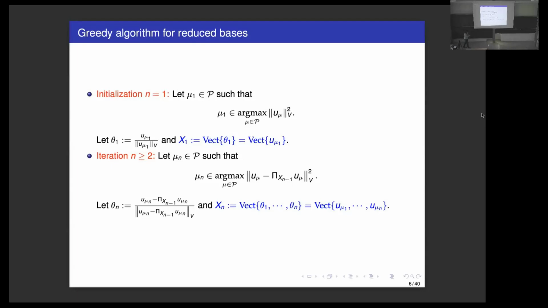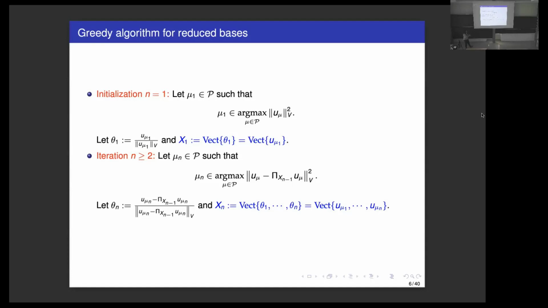And then as the iterations go on, at iteration n, assuming that you've already constructed the linear space at iteration n-1, which is denoted by Xn-1, you proceed by selecting at iteration n the value mu n of the parameter, which maximizes over all possible mu the error between u mu and its projection onto the n-1 subspace.